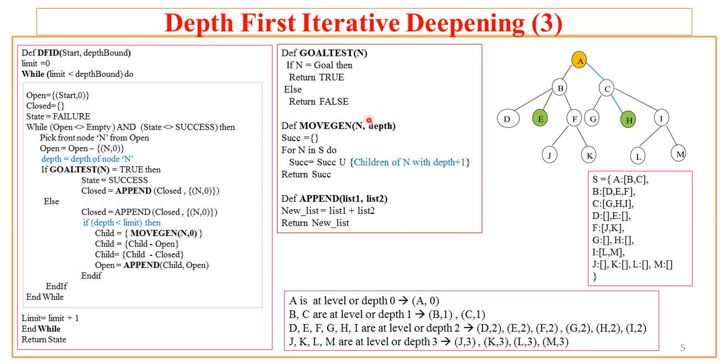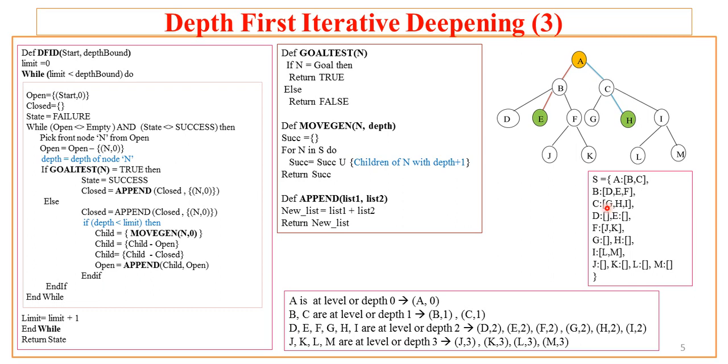How does moveGen work? MoveGen will take the node n and its depth, and it will check in the list of successors. So here is the list of successors. Let us focus here. For this given state space diagram, these are the states, that is the list of successors. In this, all the nodes and the successors are specified as discussed earlier. So here assume that the current node is C, so it will check whether C has any child or children.